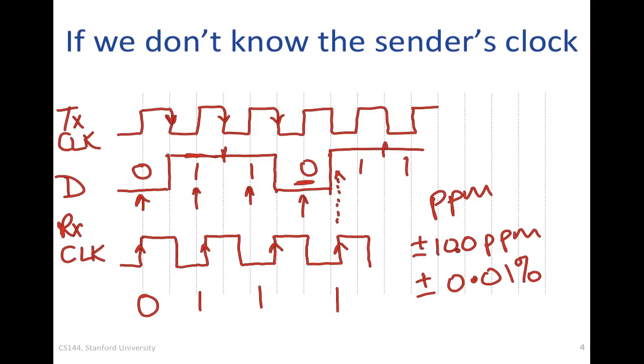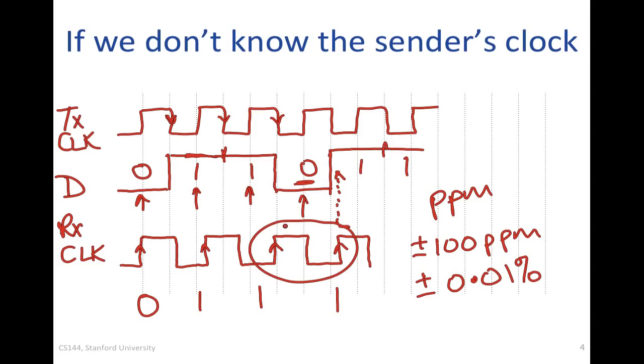Generally speaking, though, they hold at a fairly constant frequency. In other words, if one is faster, it's likely to stay faster for quite a while. They're not drifting very quickly relative to each other. They may just have a fixed offset. So here we see the problem where we've incorrectly decoded the data because we didn't have the clock.